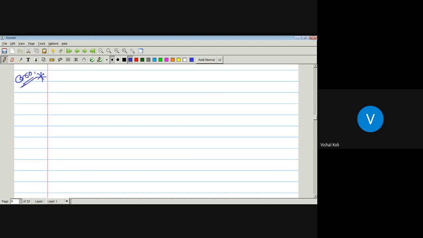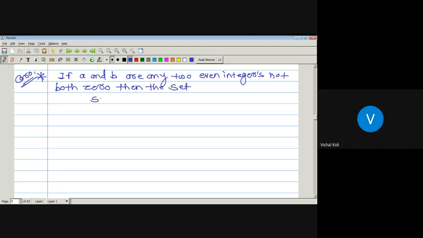Corollary: if A and B are any two integers, not both zero, then the set S, which contains all the linear combinations of A and B such that X and Y are integers, consists of multiples of D, that is GCD of A and B.